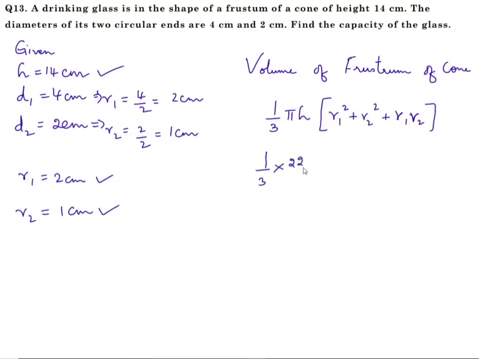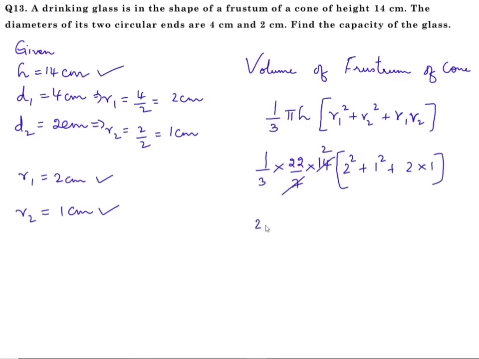What is the pi value? 22 by 7. What is the height value they have given? It is 14 in the question. Now r1 square, r1 is 2, so 2 square. r2 is 1, so 1 square, plus r1 into r2, just multiply 2 into 1. 7 ones are 7, 2s are 14.